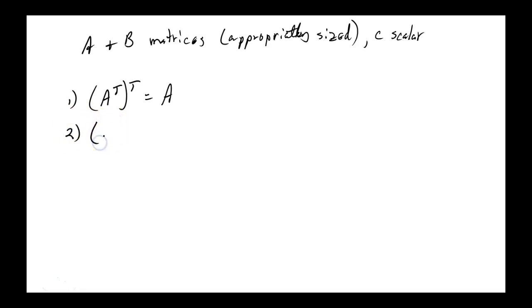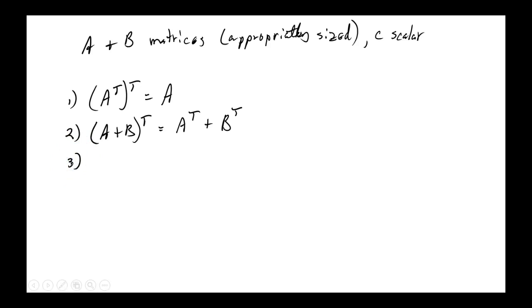If you have the sum of two matrices, A plus B, and then you transpose that, what are you going to get? Not completely obvious, but it's A transpose plus B transpose. Now, could you reverse the order of those? Sure, it doesn't matter because addition is commutative. Multiplication is not, but addition is.